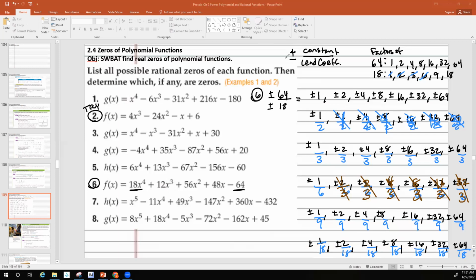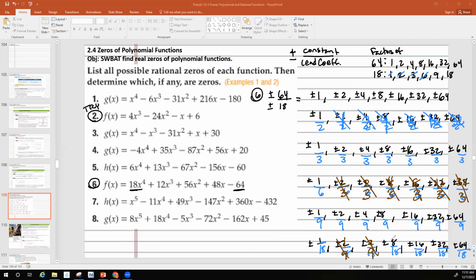And there, 18 is even. Most of those numerators are even as well. So divide by 2. You get 1/9. We got it already right here. So you don't need that.